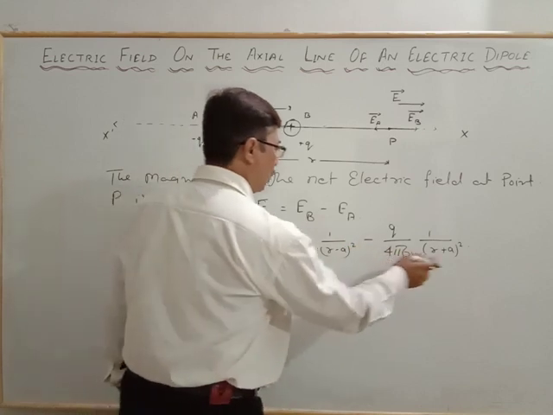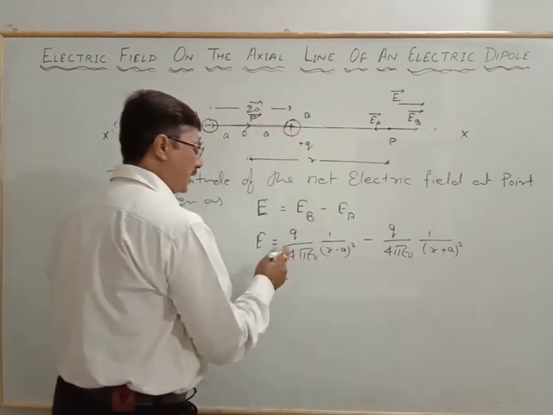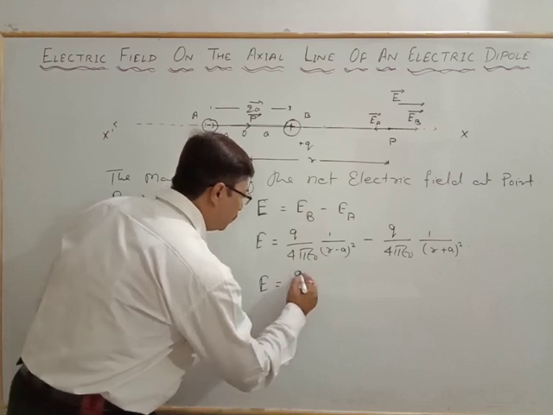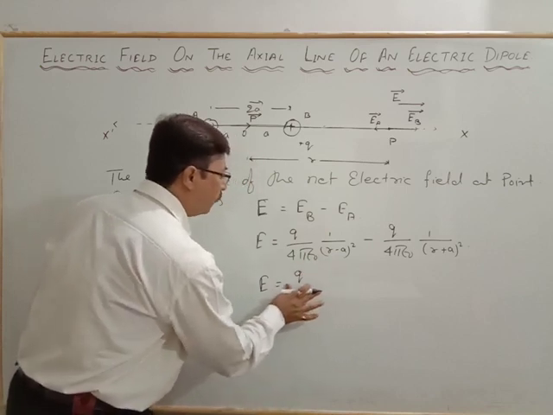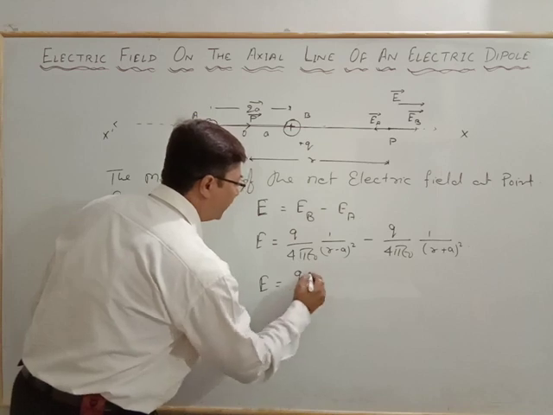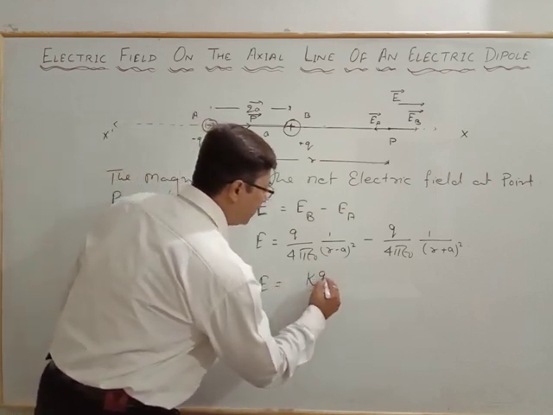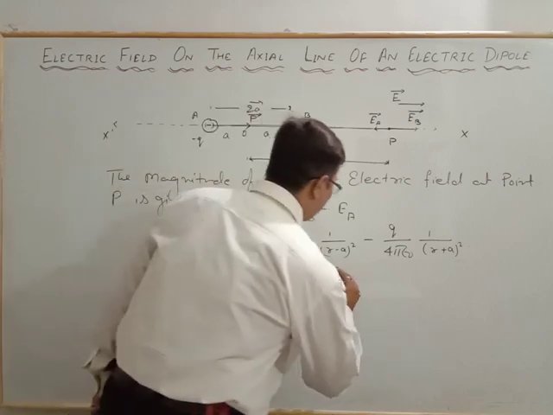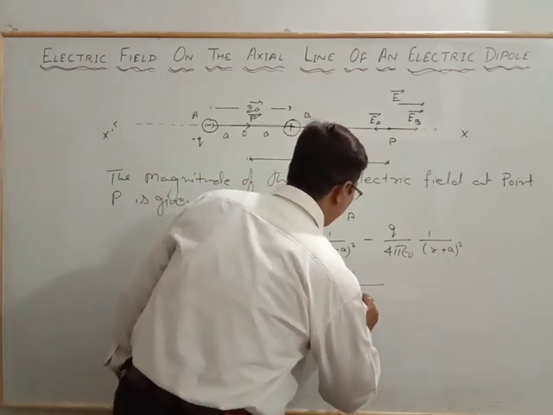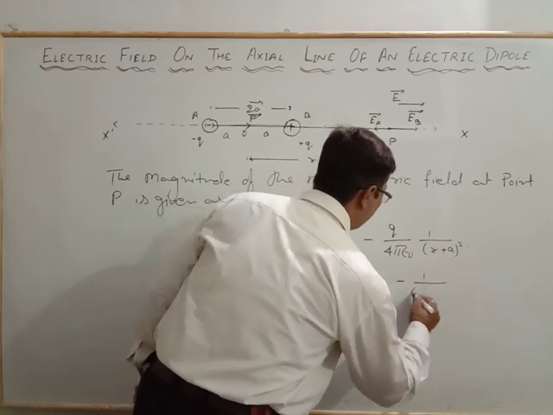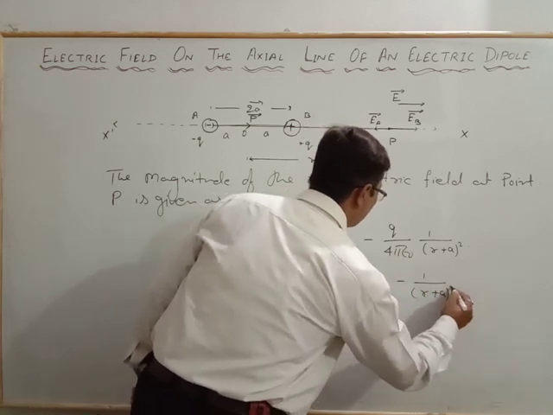Now these are the common factor, so common will be taken out. So electric field E is equal to, in place of 4 pi epsilon naught we can write K also, or it is better to write KQ, and the relation is now 1 by (r minus a) whole square minus 1 by (r plus a) whole square.